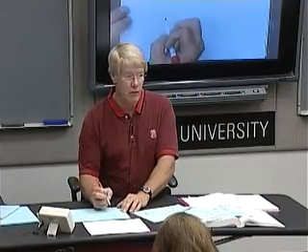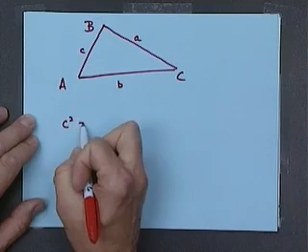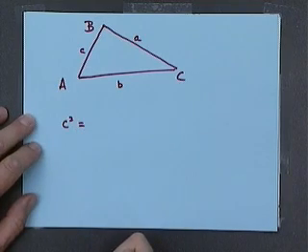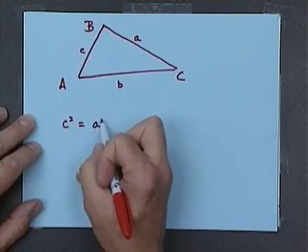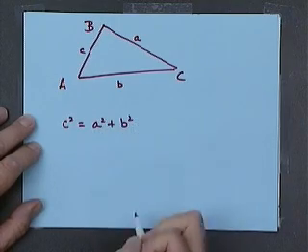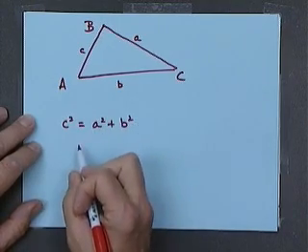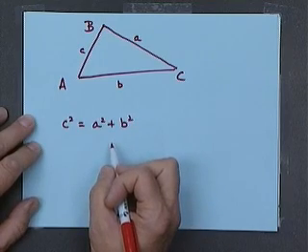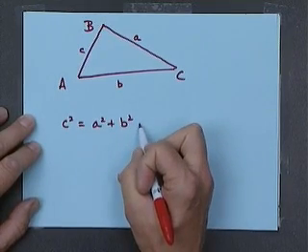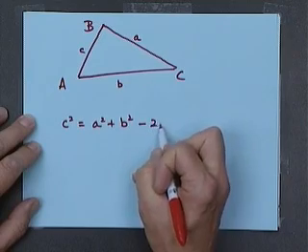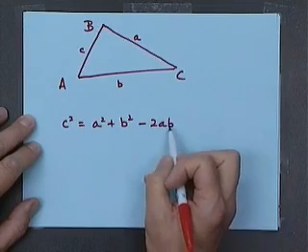So let's say we want to start with side C. So side C squared is, somebody take over. A squared plus B squared minus 2. Doesn't that look kind of Pythagorean theorem-like, right? Minus 2ab cosine of large theta. Okay.